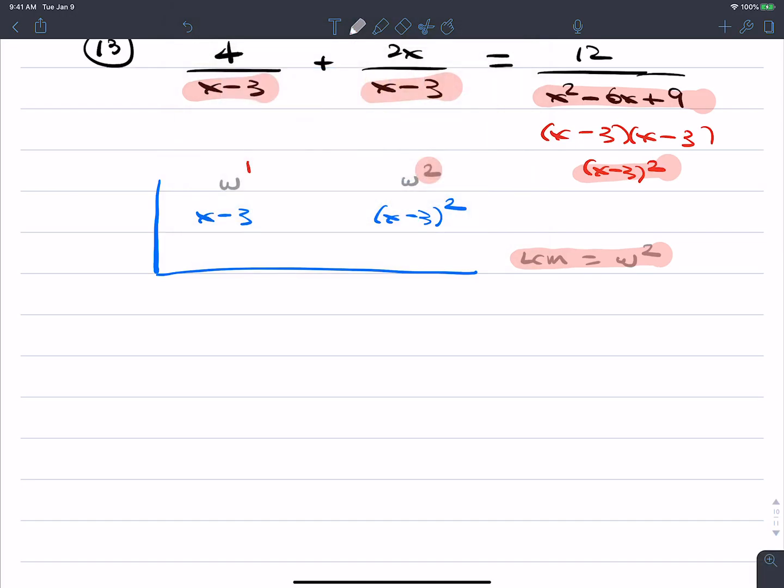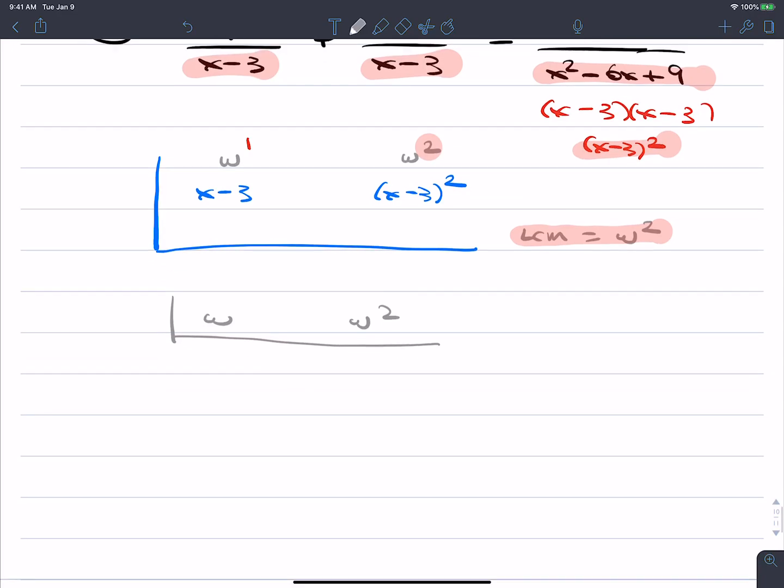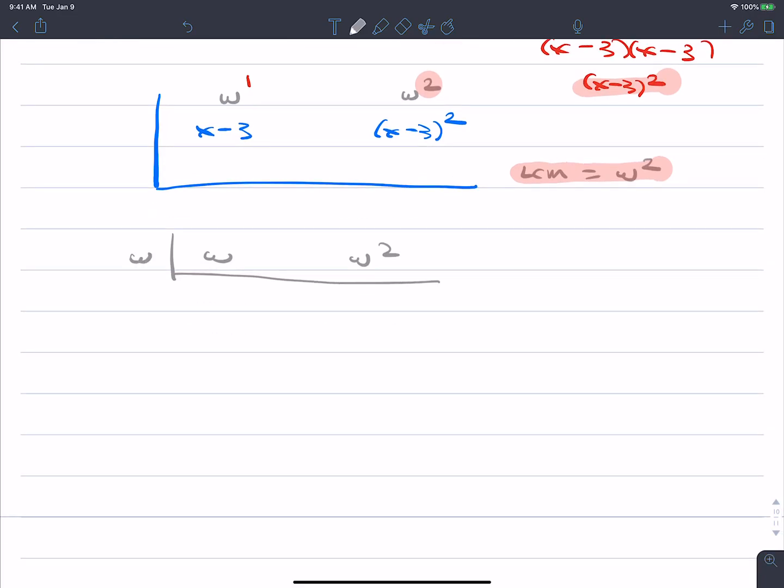Or, what could we do? If we go back here again, we have w and w squared. Give me a prime now that goes into both of these terms. You're going to say w. W divided by w is 1, and w squared divided by w is w. Now repeat the process if you can, and you find, oh, you can't.